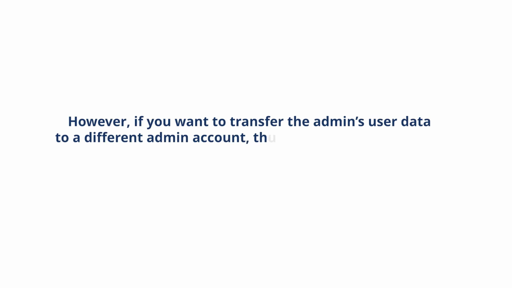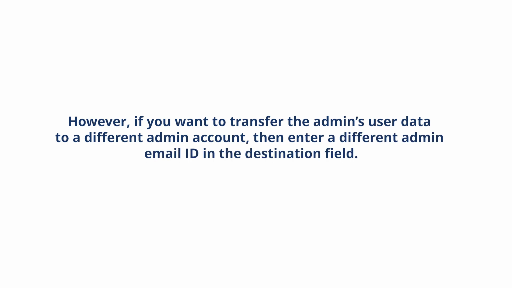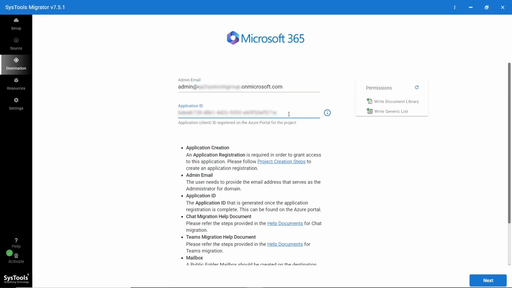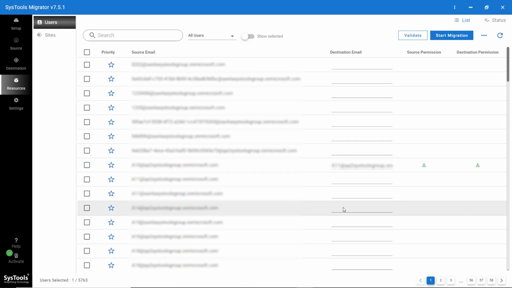However, if you want to transfer the admin's user data to a different admin account, then enter a different admin email ID in the destination field. The application ID will also remain the same as the source. After entering the details, click the Validate button on the right. Once validated, click the Next button at the bottom to continue.